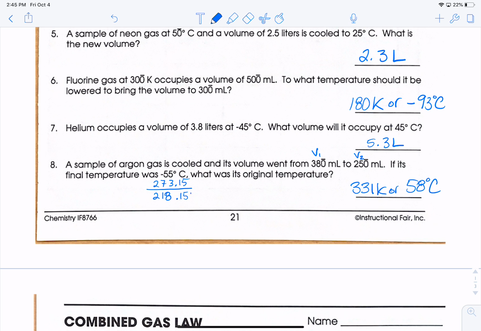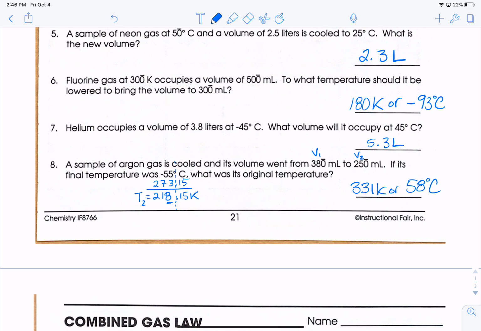And then this is K. The significant figure would be this ones place right here because we put our dotted line. So that's our T2. How did I get to that? I took 273.15 and I subtracted 55 because it's a negative 55. Remember when you combine negatives and positives, remember those rules.